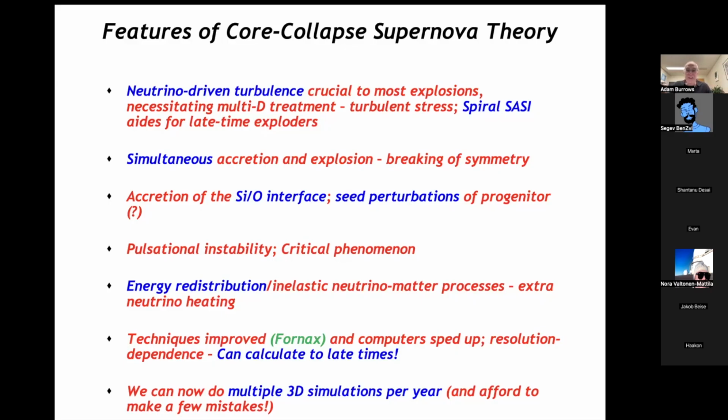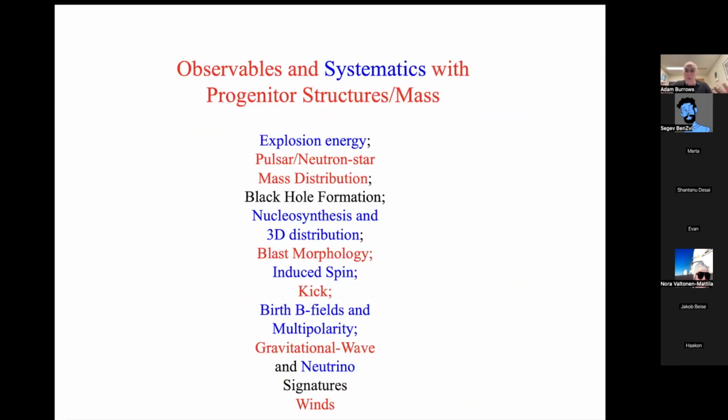And as I mentioned, we've done quite a few long-term 3D simulations, and we've done about 90 in all, 30, 40 to late times. And so what we've been able to do is predict or at least calculate to the asymptotic state, which is after 5 or 8 seconds or something like that for some of these models.